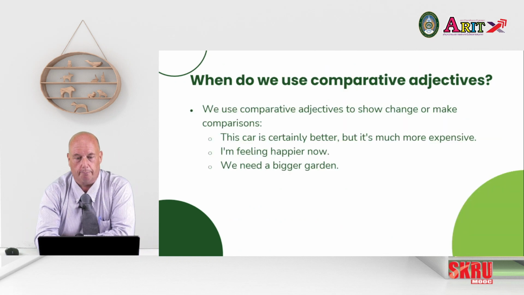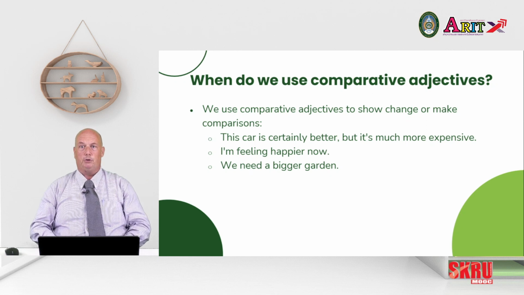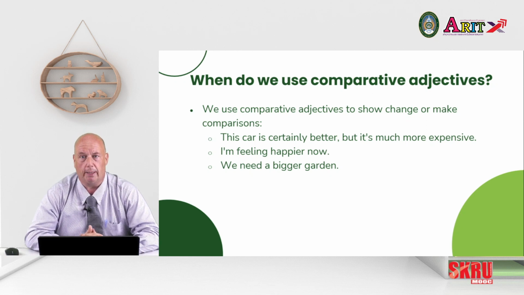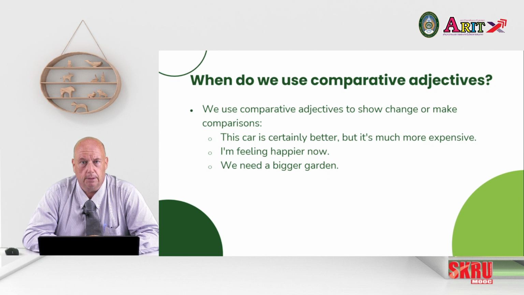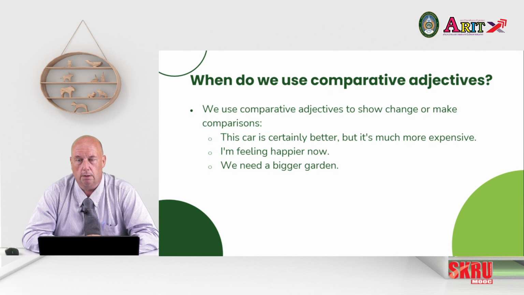So when do we use the comparative? We use comparative adjectives to show change or make comparison. This car is certainly better, but it's much more expensive. So better than another car, but it also costs more than the other car.